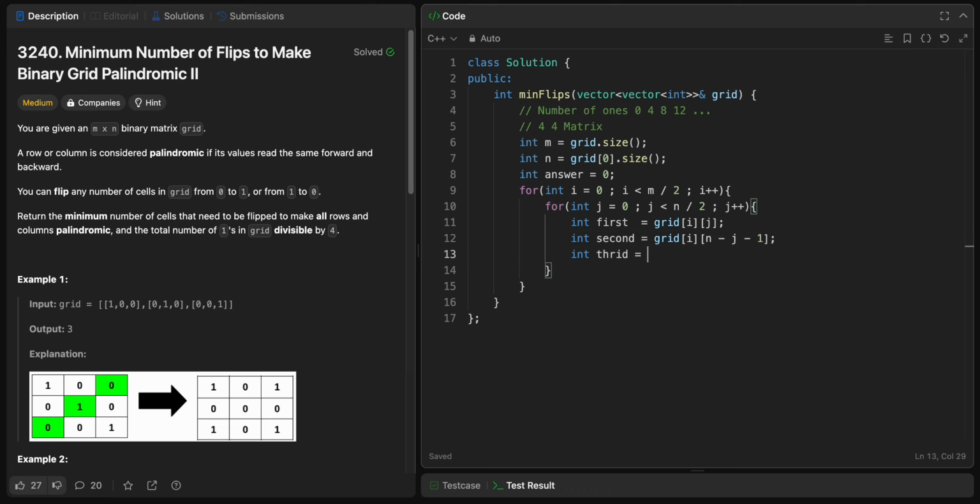And the third would be grid of m minus i minus 1th row, and it would be the same jth element. And if I consider the fourth element, then it would be m minus i minus 1th row followed by n minus j minus 1.